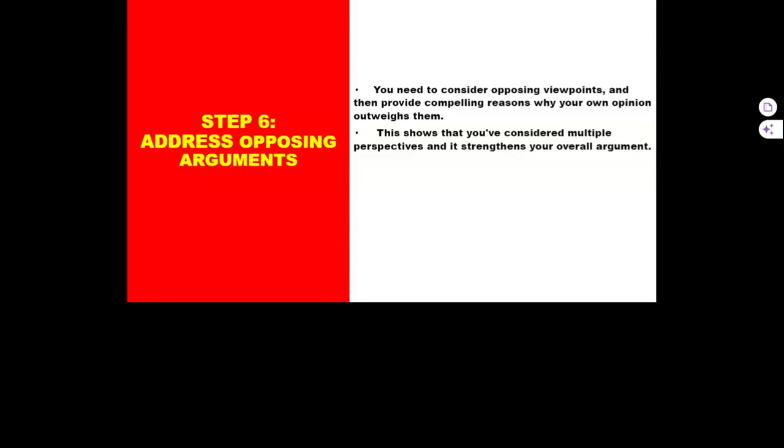Okay, in debate we call it demolishing the opposing points, and this is really very important. To make your essay even more persuasive, you need to address counter arguments. That is step number 6.